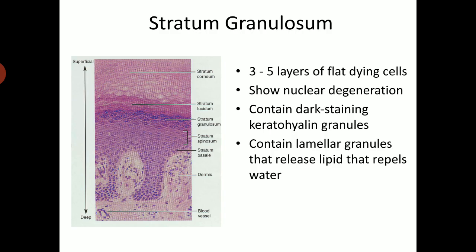Now, this stratum granulosum is the third to fifth layer of flat dying cells. It shows nuclear degeneration and contains dark-staining keratohyalin granules. It contains lamellar granules that release lipid that repels water.